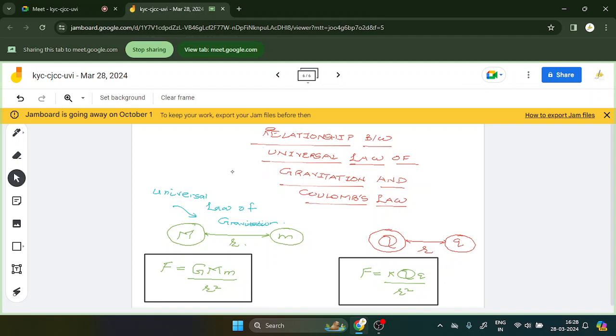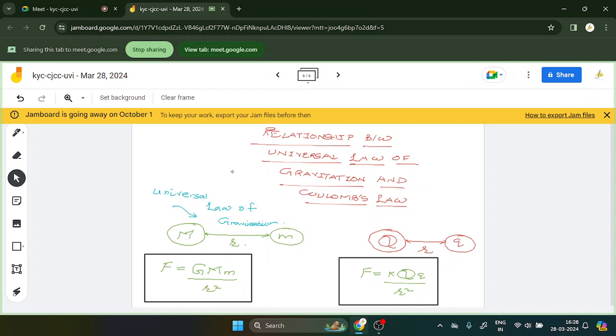Any more similarity that you can see? The constant is not the same. Okay, tell me the differences. What are the differences there?